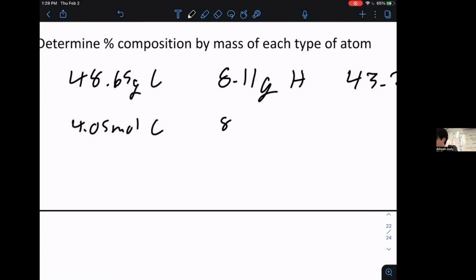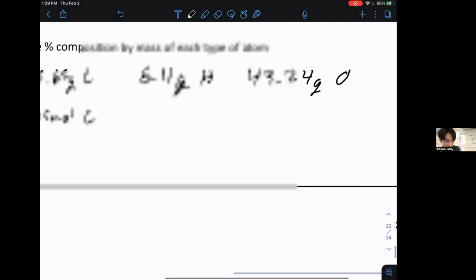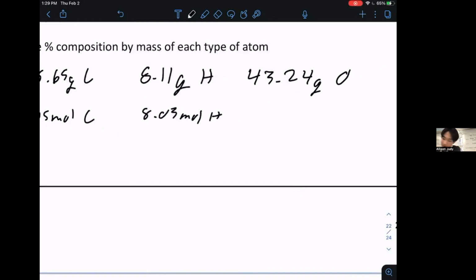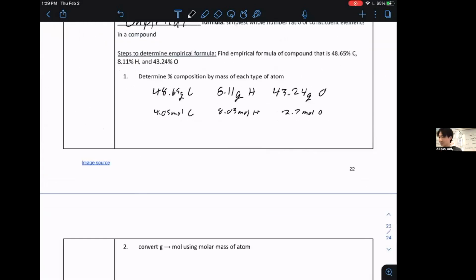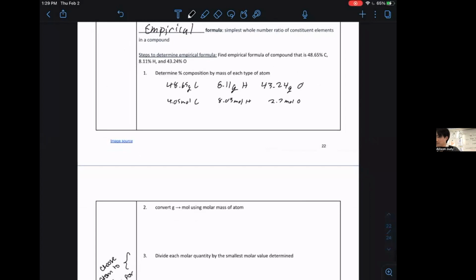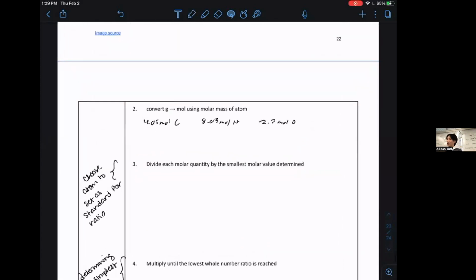Hydrogen gives us 8.03 moles of hydrogen, and 2.7 moles of oxygen.